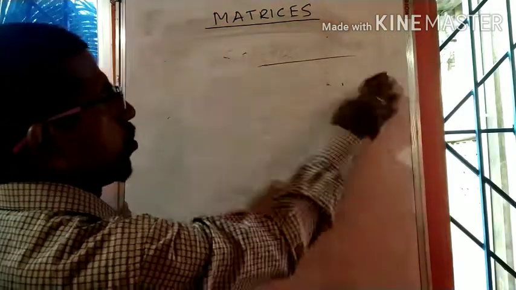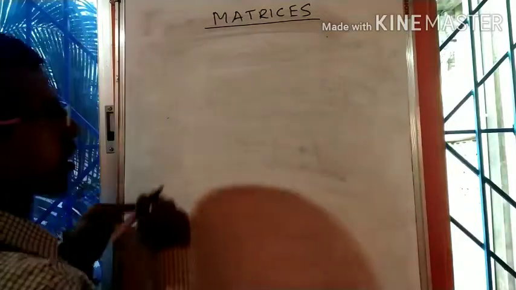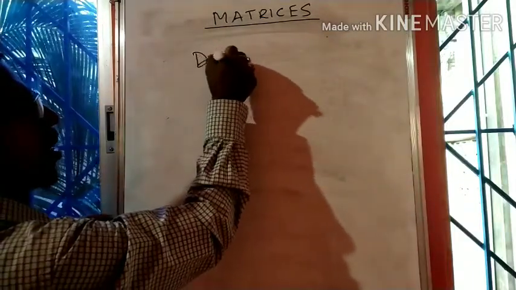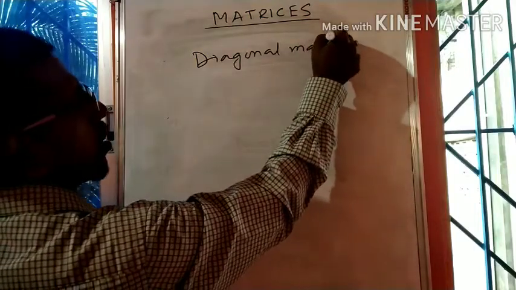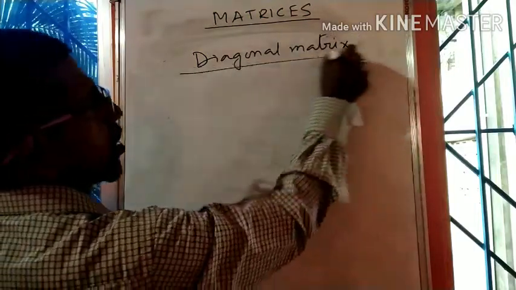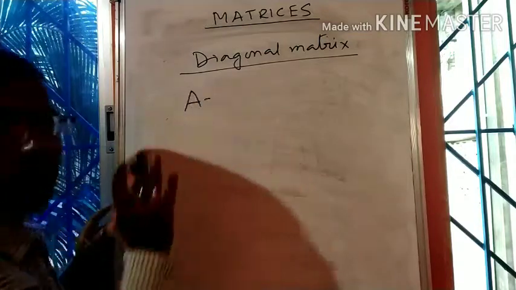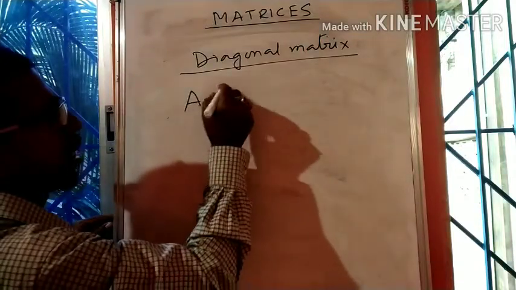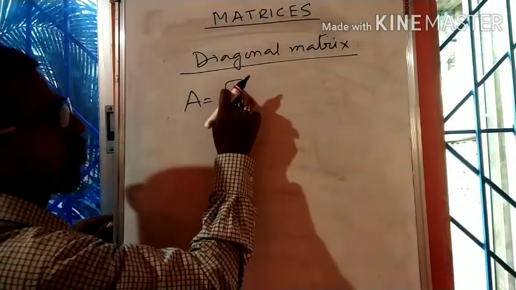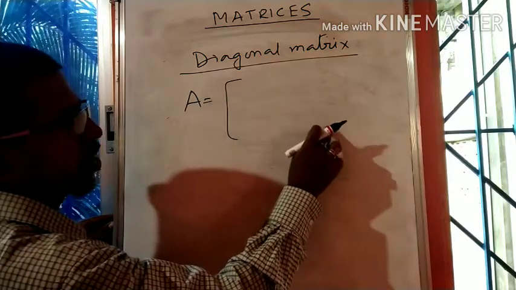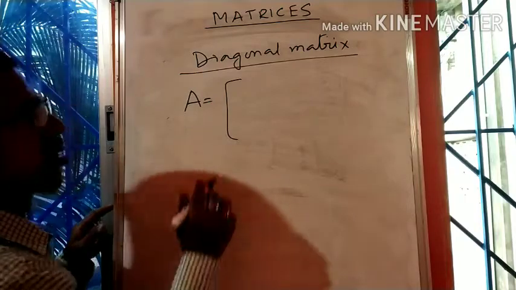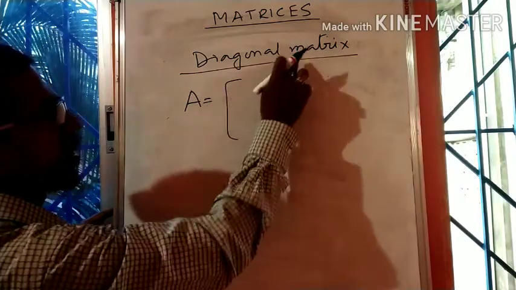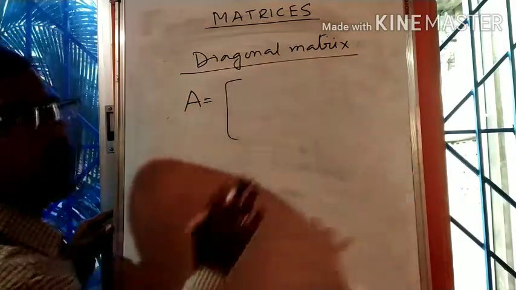After that, we have to know diagonal matrix. A diagonal matrix is a square matrix whose non-diagonal elements are 0. Diagonal means A11, A22, A33, A44. These are diagonal elements. In a diagonal matrix, all the non-diagonal elements will be 0.